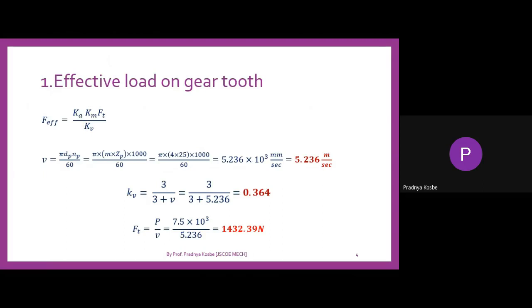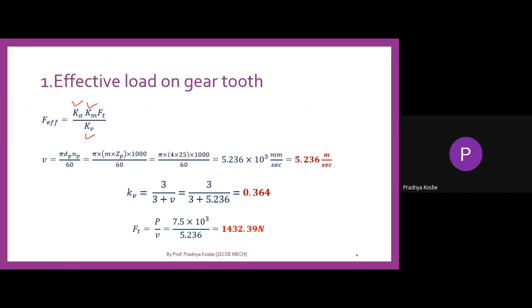So what are the known things to us? K is known to us, Km, if it is not given, that load deformation factor we take as unity. Ft we can find out from the power, and Kv is the velocity factor known to us. So for calculating F effective, the only unknown is tangential load, that is Ft.